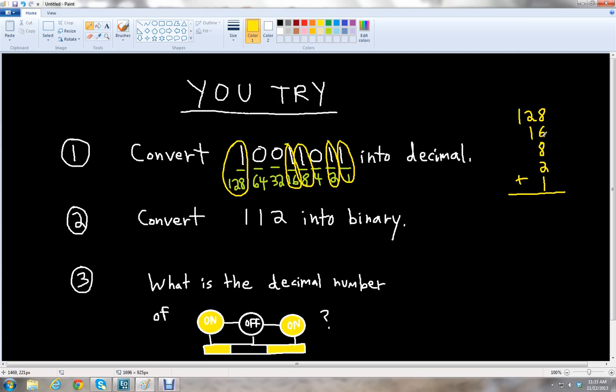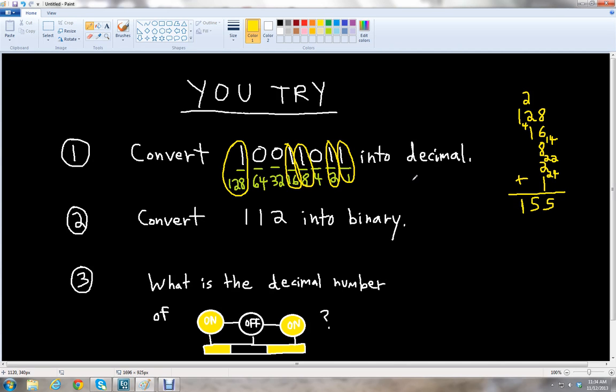So we do 128 plus 16 is 144. 144 plus 8 is 152. 152 plus 2 is 154. 154 plus 1 is 155.